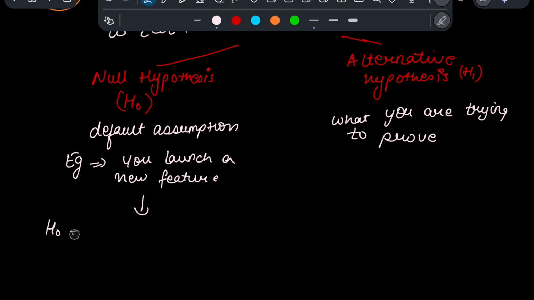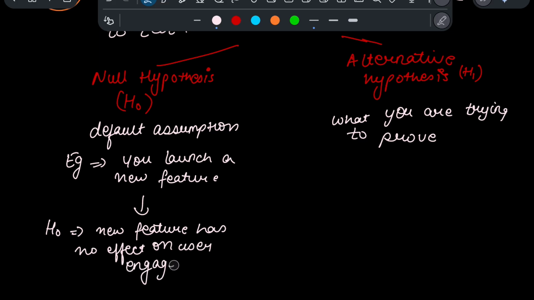So the null hypothesis assumes that there is no improvement.